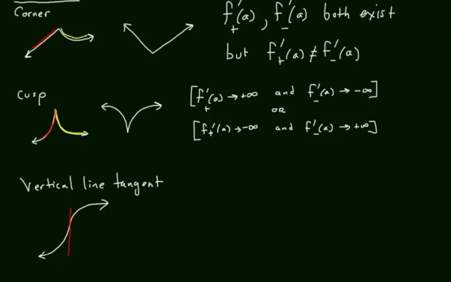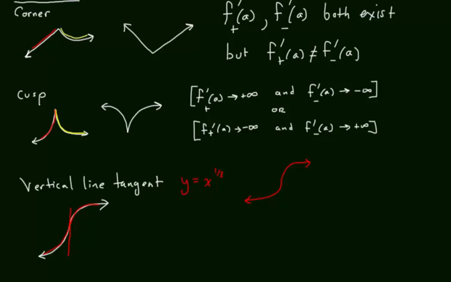So we approach from the right, it's approaching positive infinity, and from the left, it's also approaching positive infinity. An example of this might be something like y equals the cubed root of x. Comes down, does this, kind of like that.